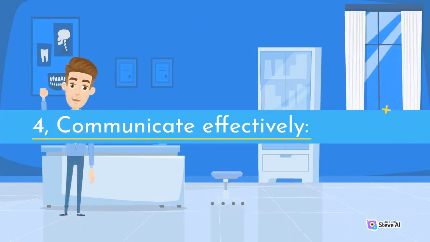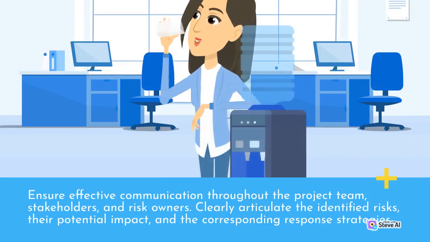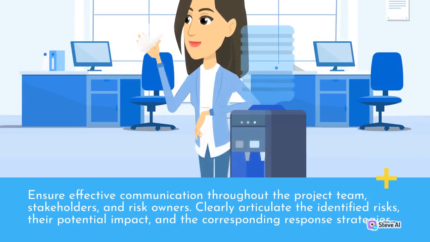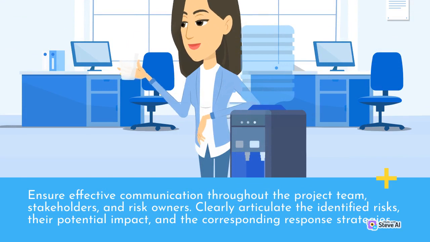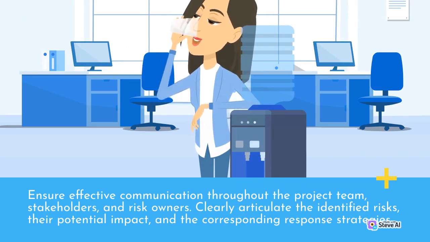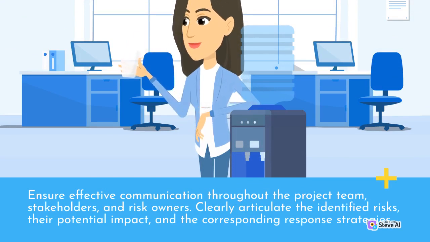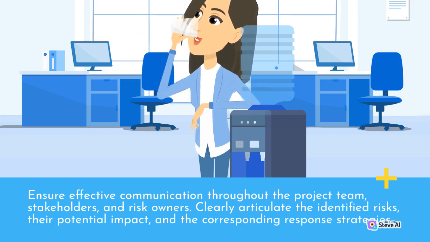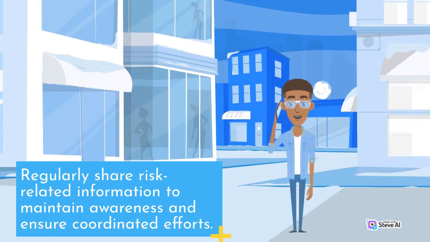Communicate effectively. Ensure effective communication throughout the project team, stakeholders, and risk owners. Clearly articulate the identified risks, their potential impact, and the corresponding response strategies. Regularly share risk-related information to maintain awareness and ensure coordinated efforts.